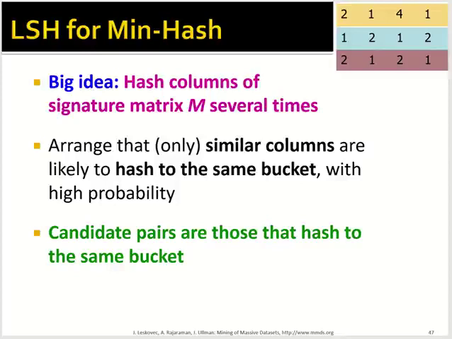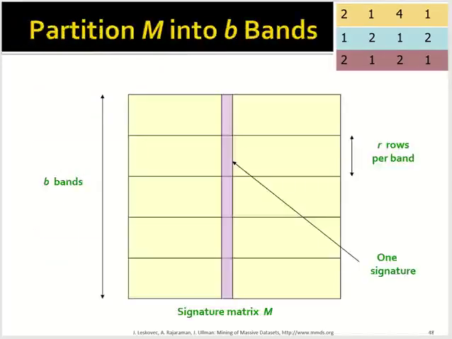Using LSH for min hashing, the big idea is that we hash the columns of the signature matrix several times, so that similar columns are hashed into the same bucket with high probability, and we expect the candidate pairs to be those that hash to the same bucket.